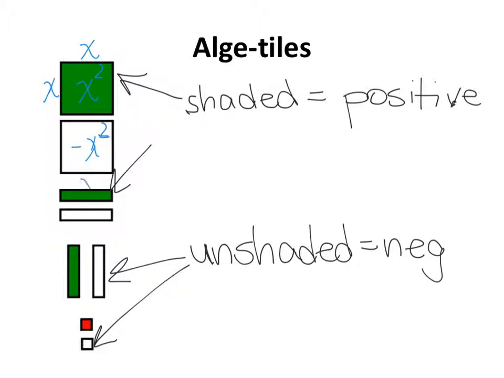The rectangles are x units wide and 1 unit tall, so that they have an area of x, and the unshaded version is negative x. This is true no matter what orientation we put them in. Lastly, the small squares each have a total area of 1. They're 1 unit wide and 1 unit tall. So a small shaded square is a positive 1, and a small unshaded square is a negative 1.